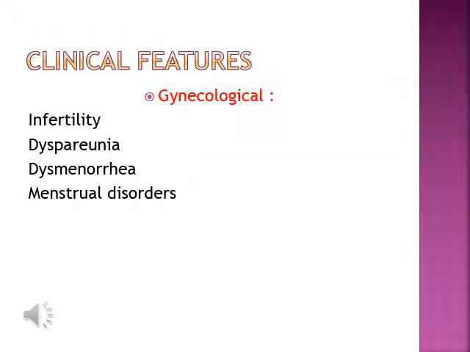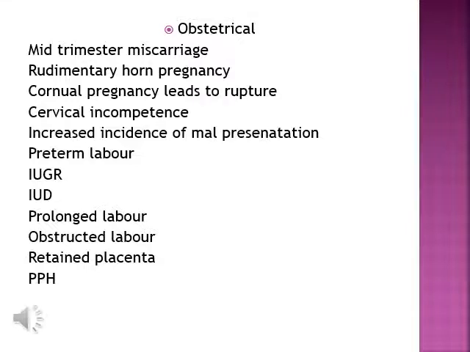Moving to the clinical features, the mother will experience infertility, dyspareunia, that is painful intercourse, dysmenorrhea, painful menstruation, and even amenorrhea can be present in the case of septate uterus. The mother can also exhibit problems like mid-trimester miscarriage. Rudimentary horn pregnancy: sometimes the implantation can occur in the rudimentary horn.